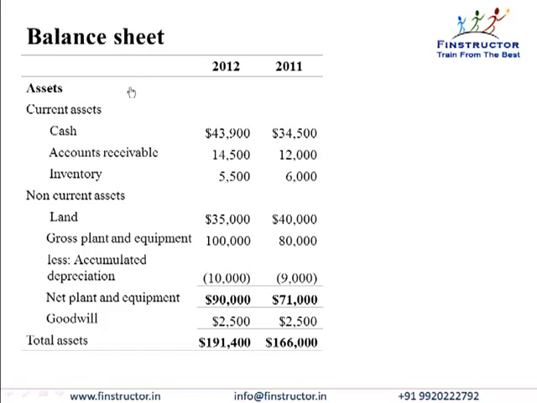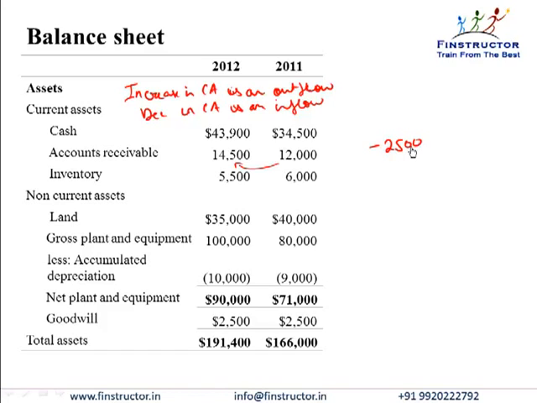So please remember that an increase in current assets represents an outflow of cash, and a decrease in current assets is an inflow. So let's understand. If accounts receivable goes up from 12,000 to 14,500 as we studied earlier, it means that 2,500 of the sales did not come in as cash.